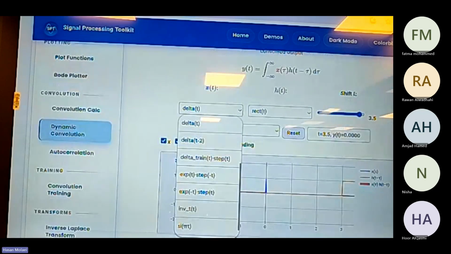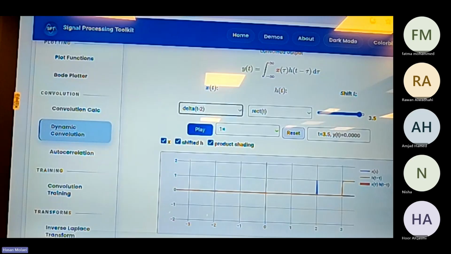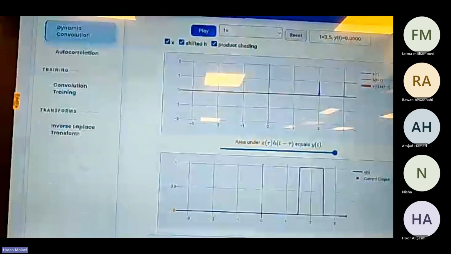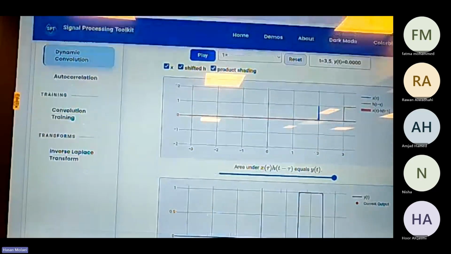If I change delta to delta(t minus 2), it will shift the other function to the right.